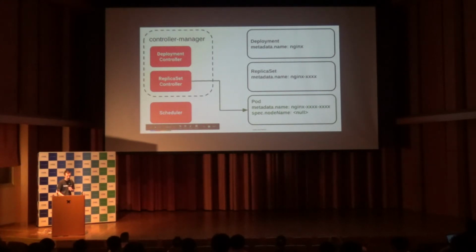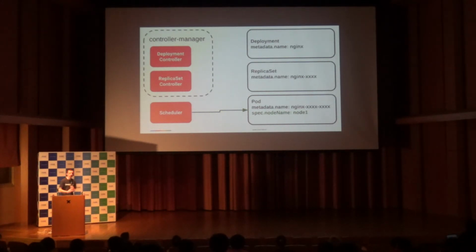So our scheduler, which is another kind of controller, notices that there are some pods that need to run in the cluster somewhere. It notices these pods are not scheduled yet, and so it schedules them. It monitors the cluster to find out which nodes have open resources, like CPU and memory, finds a node that's appropriate for that particular pod, and then assigns that node name to the pod.